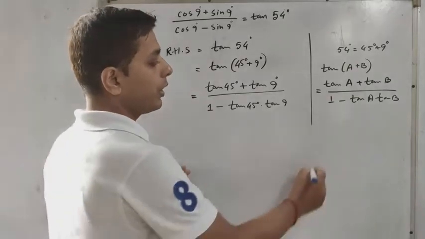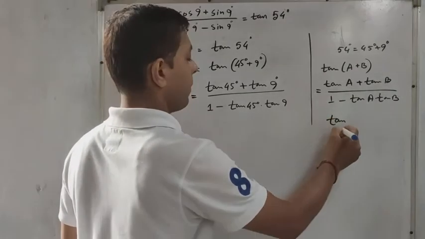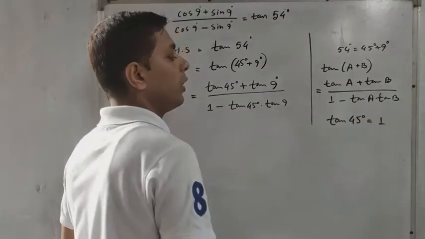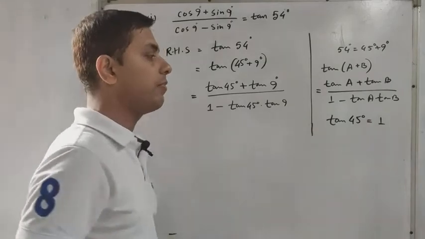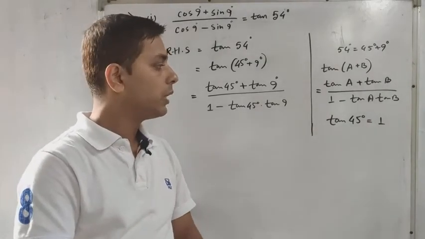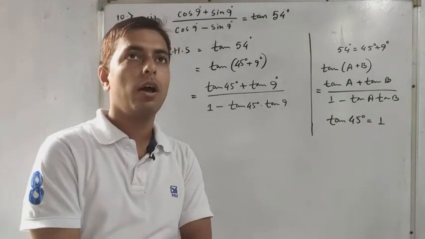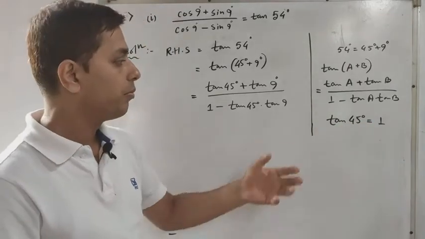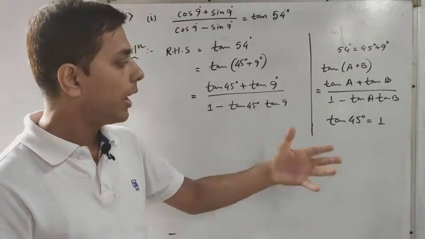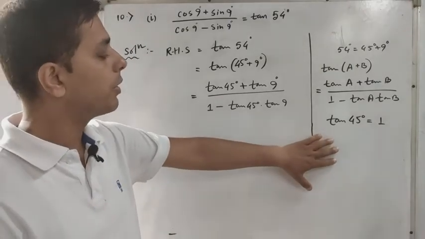Again, one more thing you have learned, that tan 45 degree is equal to 1. Tan 45 degree is equal to 1. I have shown how to write these values using the thumb method, or hand method, the fingers method, a trick to remember the trigonometric values.